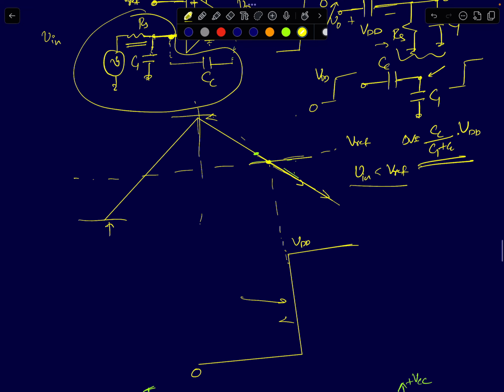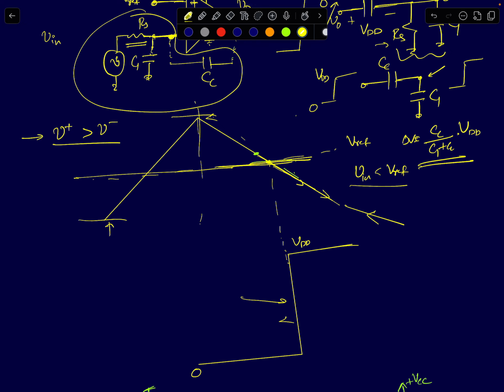So what's happening here? I've drawn the input. This is your input waveform crossing your reference voltage, and I'm plotting the voltage at the inverting terminal of the op amp. That's what matters, right? If your V plus is less than V minus, your output will go to 0. If your V plus is greater than V minus, your output will go to plus VDD.